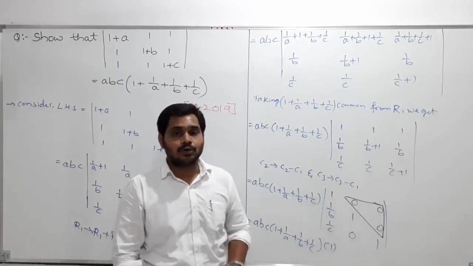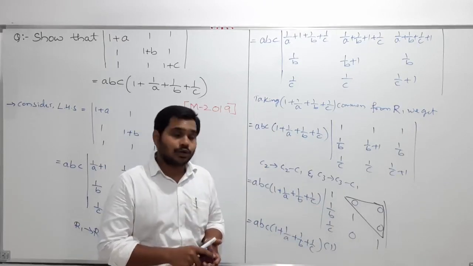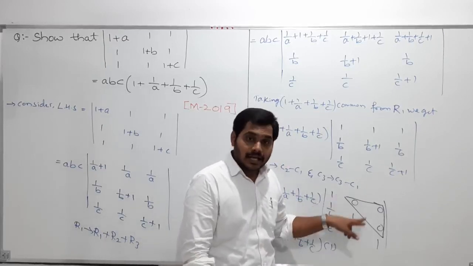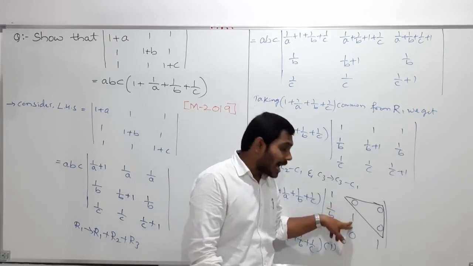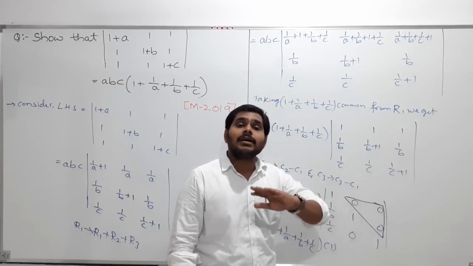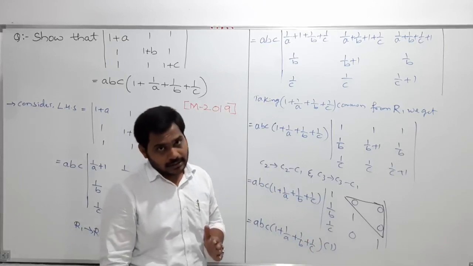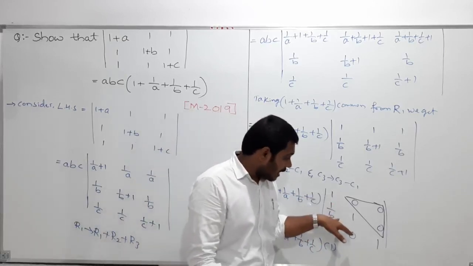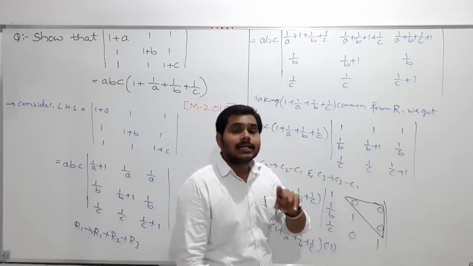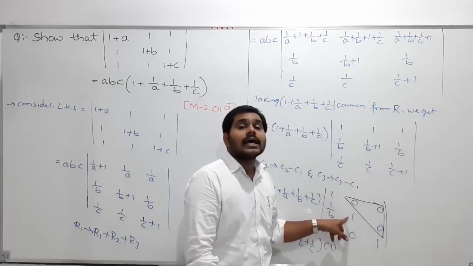That result I proved while discussing the properties of determinants. Whether it is a lower triangular or an upper triangular matrix, the determinant of the triangular matrix is the multiple of the diagonal elements.